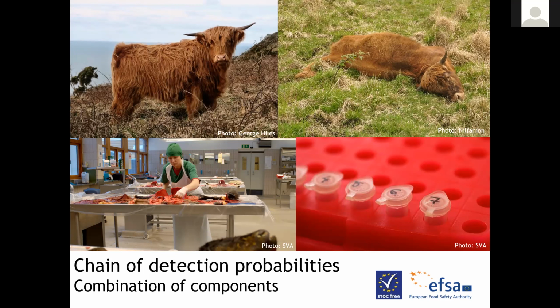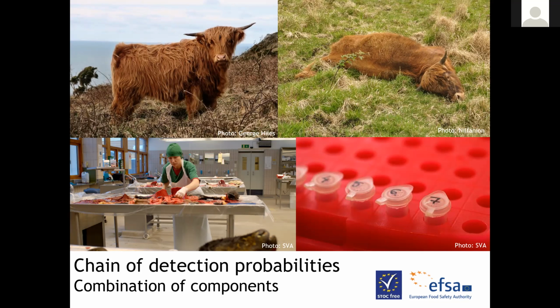However, there's a certain probability first that the animal becomes fallen stock. And then there's a probability that this animal is not just sent for destruction, but is sent for necropsy. And once there's a new probability that the right samples are taken and it's submitted to a lab for diagnostic testing. And finally, if this animal is indeed infected, the test sensitivity is equal to the probability that the test result is positive.